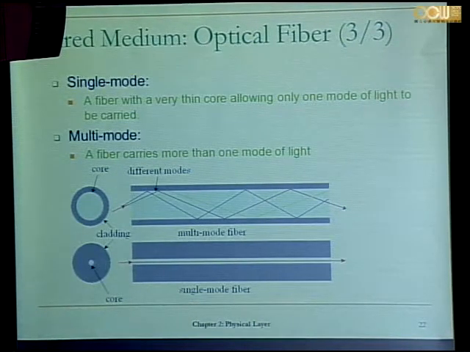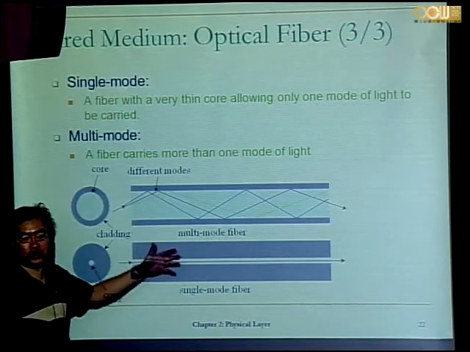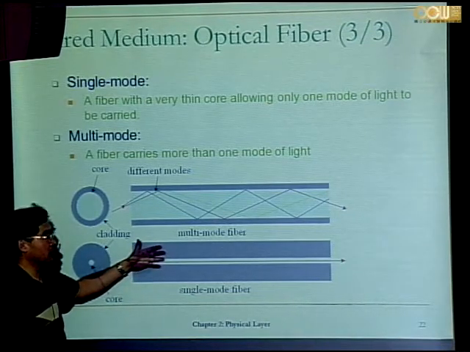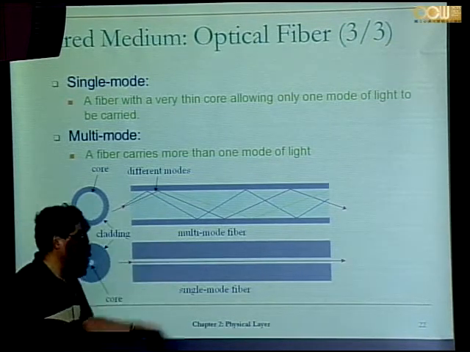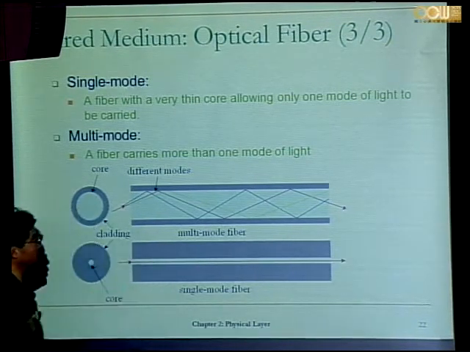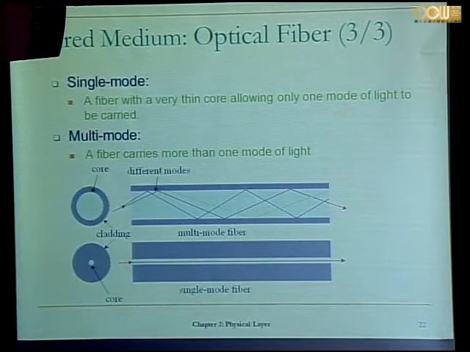So this will provide you a pretty good quality that you can travel far in this kind of single mode fiber. And again, because there's only one kind of angle, it's called single mode fiber.